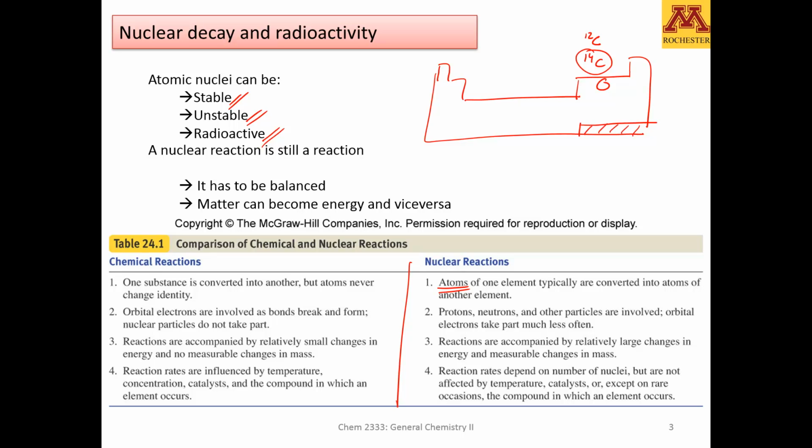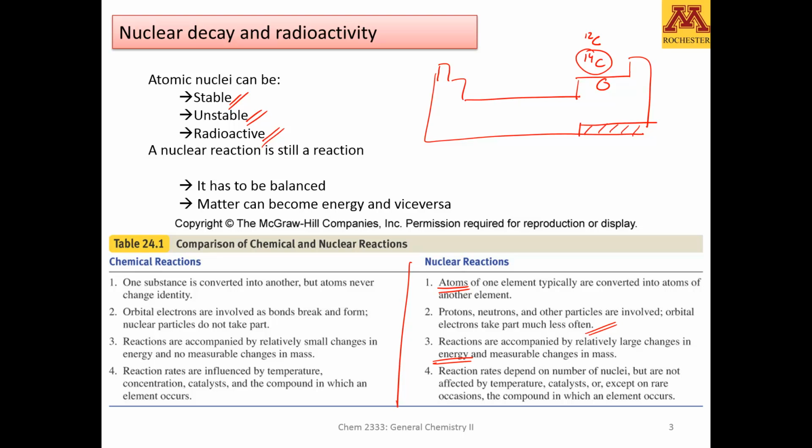Also, the electrons will not take much of a part in nuclear reactions, but what's very important, and probably you already know, is that there's a large amount of energy involved in these kinds of reactions. This is why we use nuclear power plants to absorb the energy and apply it for other purposes in society.